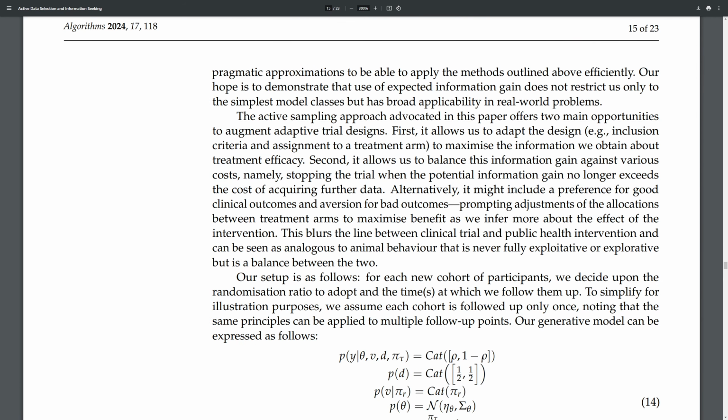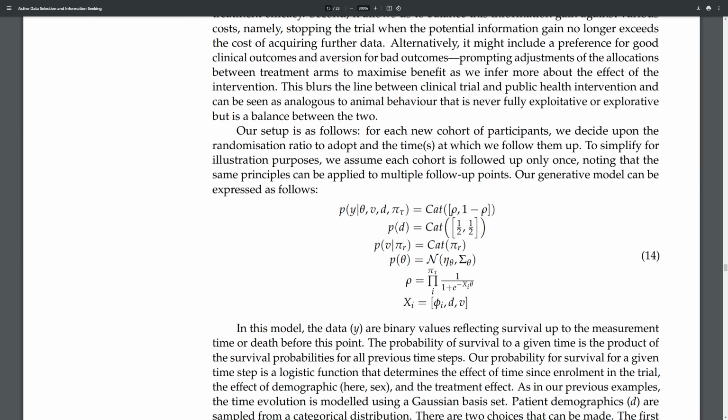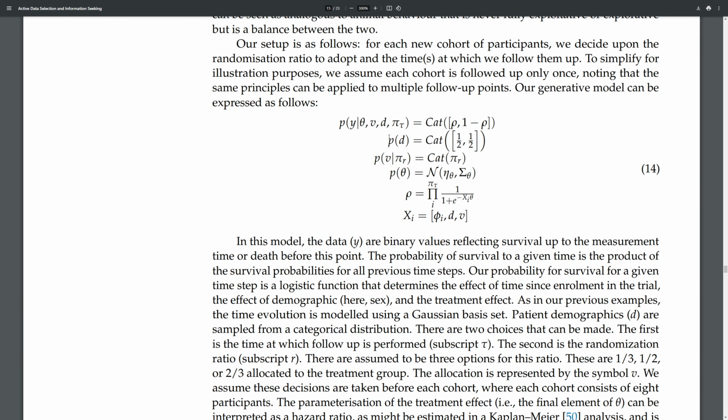And so what we're going to do is create a toy study, which looks at a similar thing.